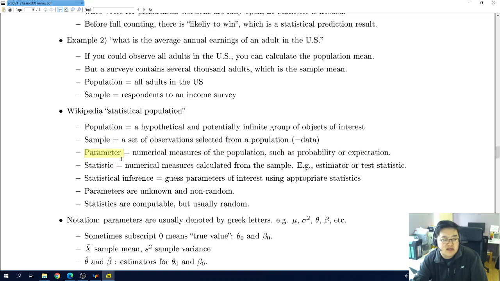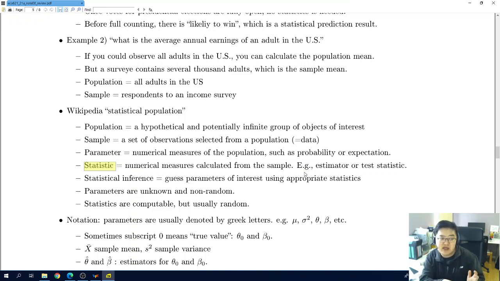Parameter and statistic are similar. A parameter is a numerical measure calculated from the population, like probability or expectation. And a statistic is a numerical measure calculated from the sample, like probability or expectation. So you can think about population probability or sample probability, or population expectation or sample expectation.